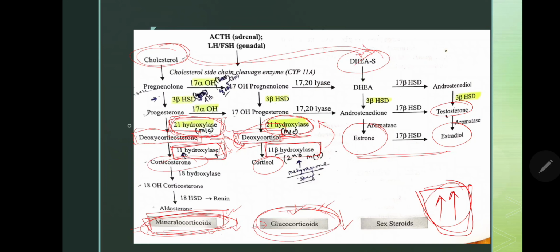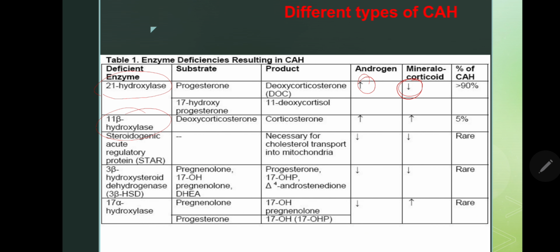So there is increased production of this hormone. So mineralocorticoid is formed in excess, but the steroid is not there, and the androgen hormone is there. In 11 beta hydroxylase deficiency, the child has increased androgen hormone and increased mineralocorticoid activity, as the precursor of mineralocorticoid is similar to mineralocorticoid hormone.